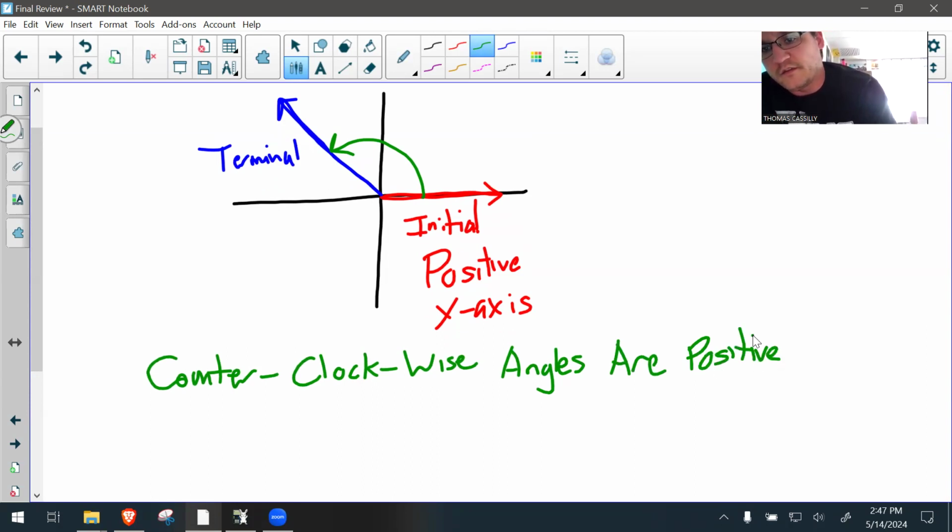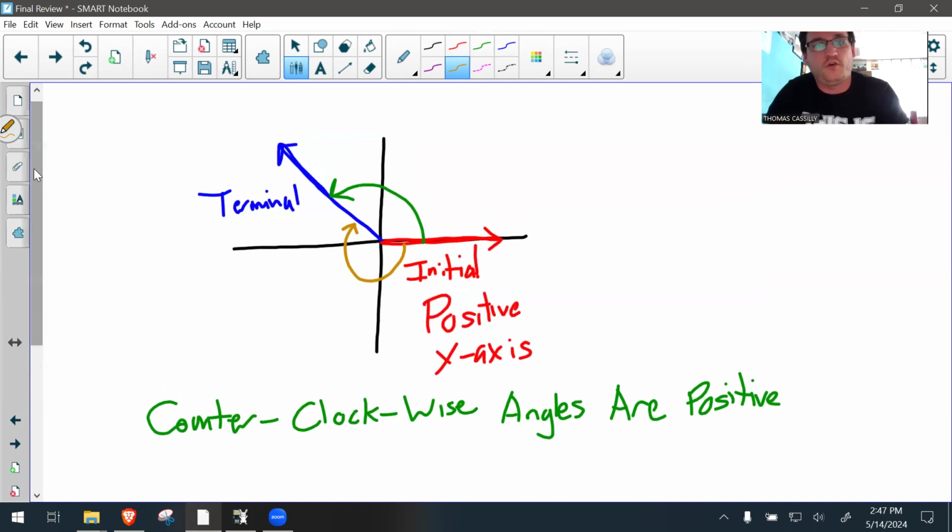Why is that? Again, because some old Greek guy said so when they were inventing math. Clockwise are negative, right?